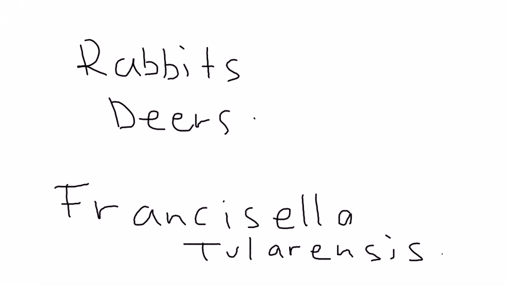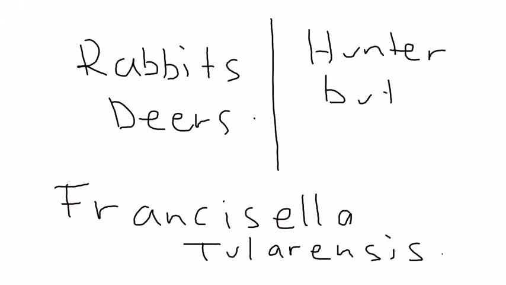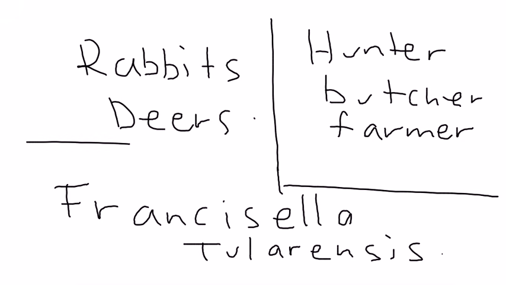So what's a typical scenario here? A typical scenario is you have either someone who is a hunter or a butcher or a farmer, somebody who deals with animals. It can sometimes be by accident, somebody who's not one of these, but generally speaking, one of these types of people.